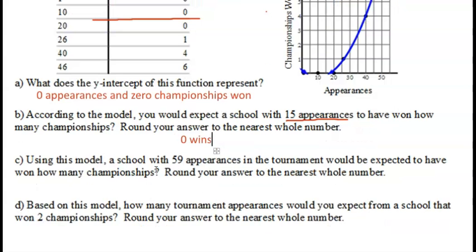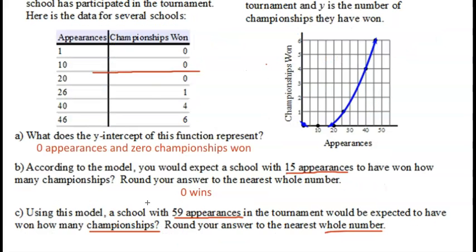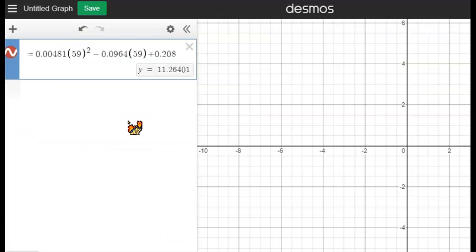Using this model, a school with 59 appearances in the tournament would be expected to have won how many championships? Round your answer to the nearest whole number. So we'll just plug in 59 for x, evaluate to get your y value, how many wins. And from here we would just plug that into the calculator. And when we put that into the calculator here, we get about 11 wins.